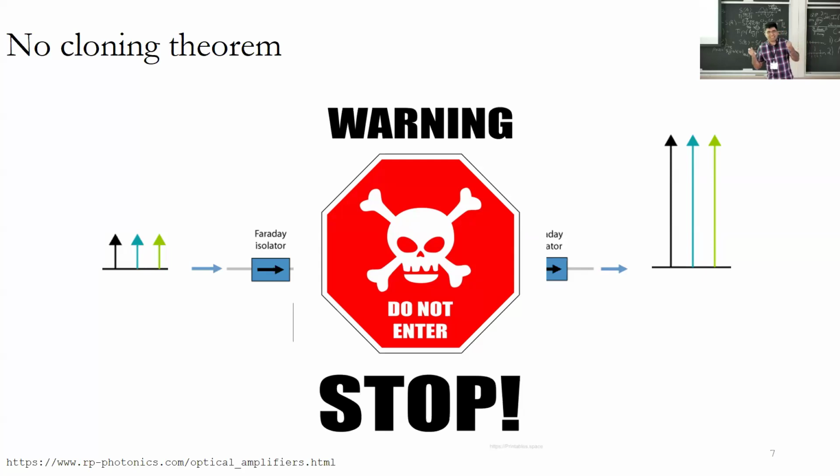Because the integrity of information is such an important thing in communication, we have to take the high fidelity and leave the determinism. So we go with probabilistic high fidelity schemes. That is what we do in quantum amplification.